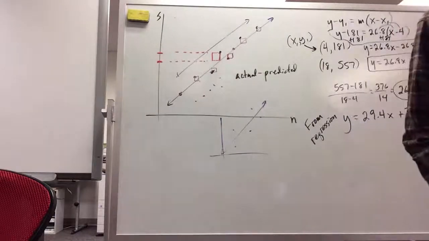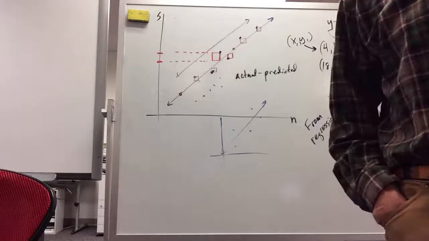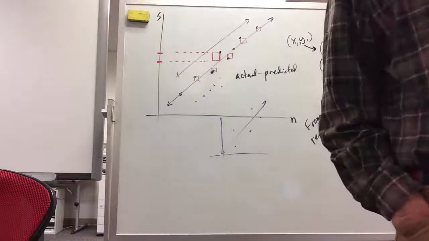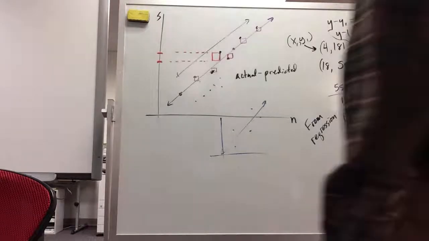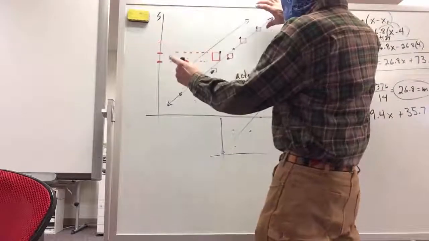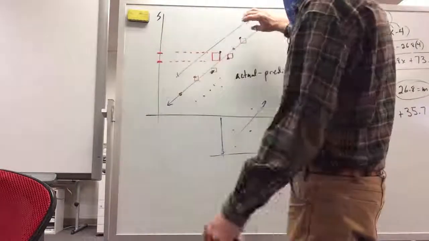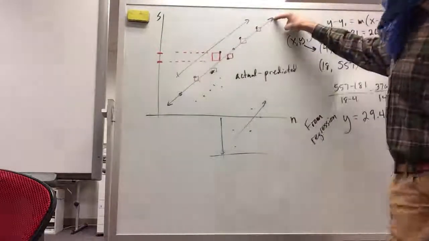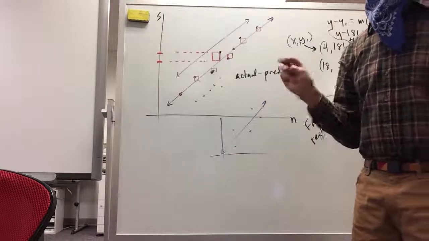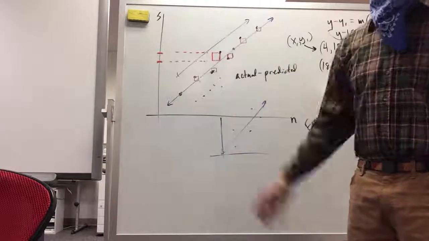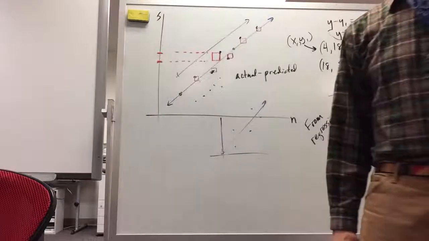And then you wouldn't be able to use a regression to model what the data is. It has to be some other kind of equation. So linear regression is finding out what the best line is. This is the regression line, or the line of best fit, or the least squares line. You can call it any of those things. They all mean the same thing.